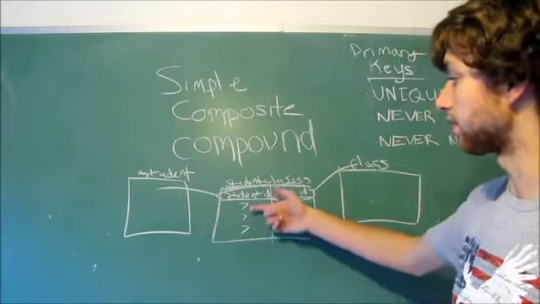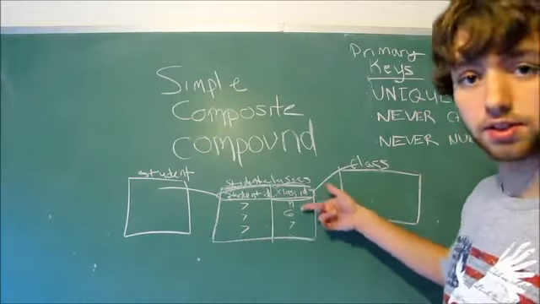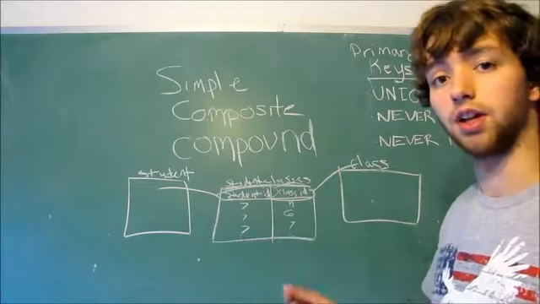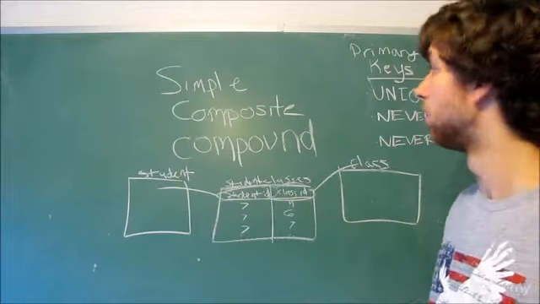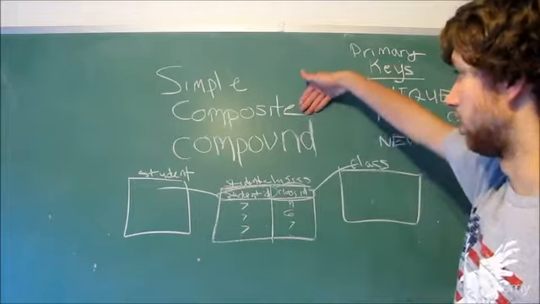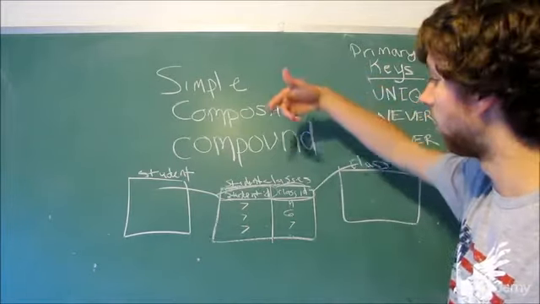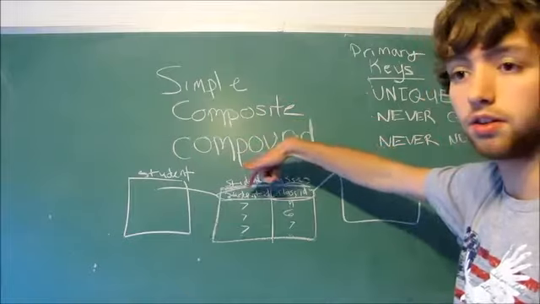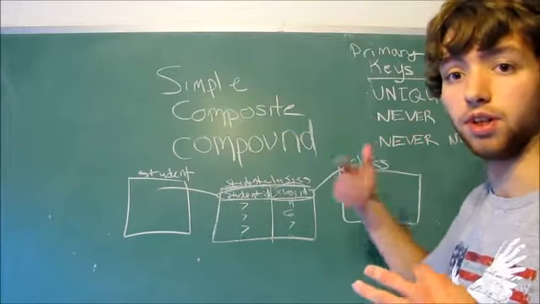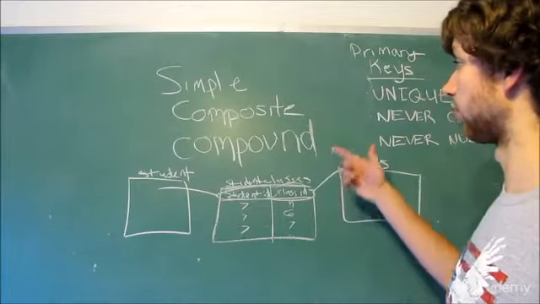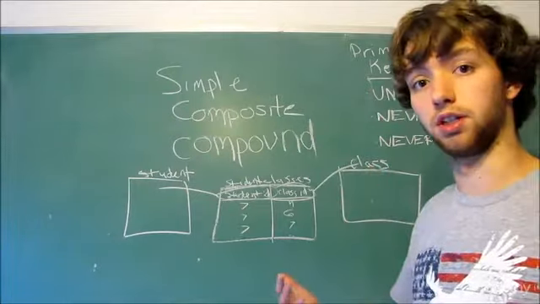We can repeat 7 on this side, and we can repeat like 6 on this side, but we can't repeat the combination of 7 and 6. They have to be unique as a whole. So composite keys, that's when you have at least one that is not a key in itself. For compound, they all have to be keys.